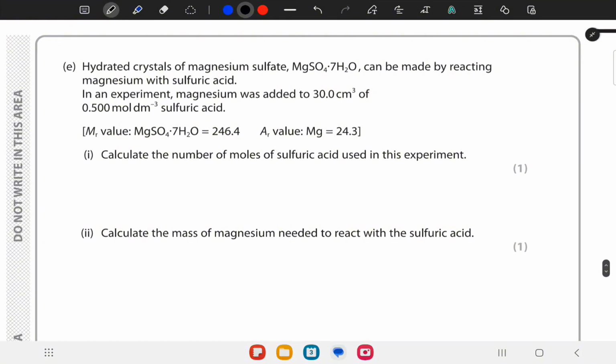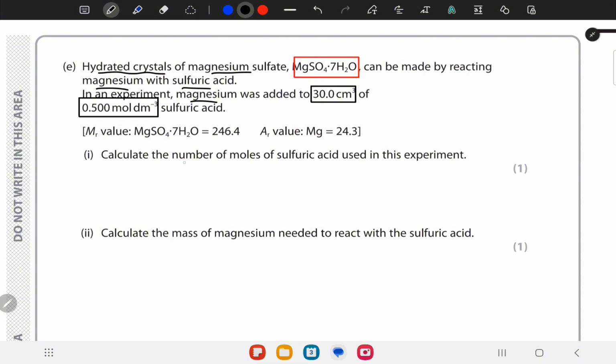Now in part E, we are told that hydrated crystals of magnesium sulfate, MgSO4, can be made by reacting magnesium with sulfuric acid. We're given that in an experiment, magnesium was added to 30 cubic centimeters of 0.5 mole per dm cube sulfuric acid.